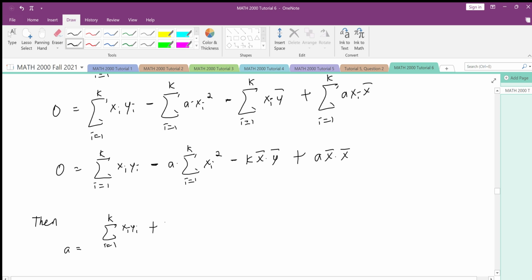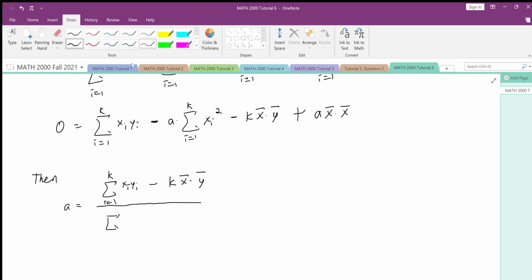minus, sorry, not plus, minus, divided by the sum from 1 to k of xi squared minus x bar.